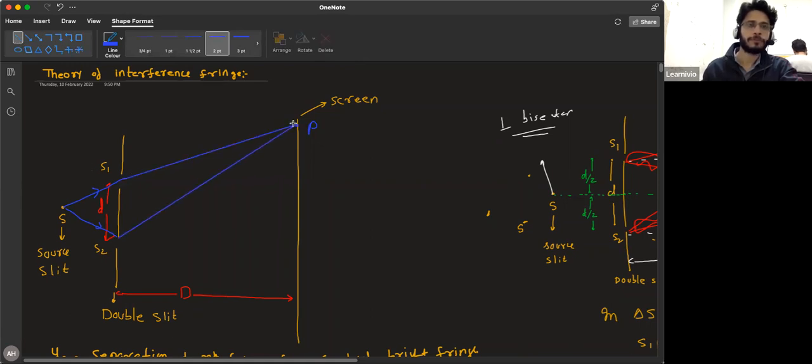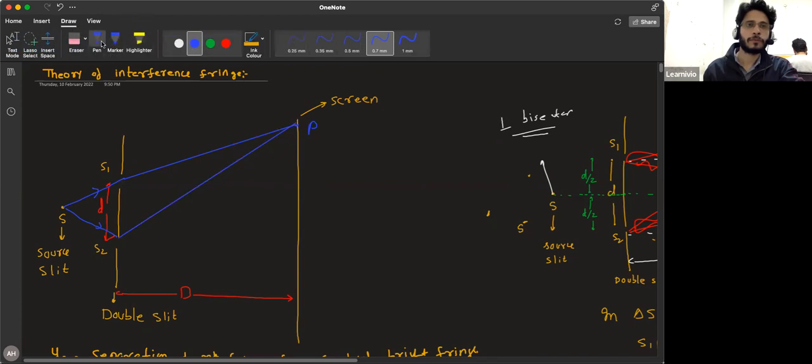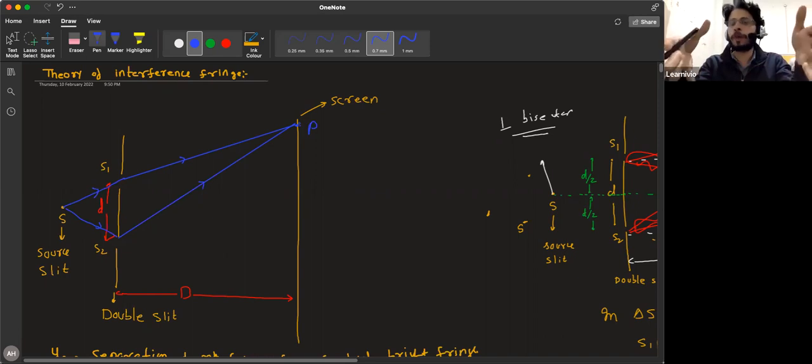So when they reach point P, they interfere, means they superimpose. And due to superposition, you can get a bright fringe or a dark fringe. Whether we get a bright fringe or a dark fringe will depend upon the phase difference and the path difference.